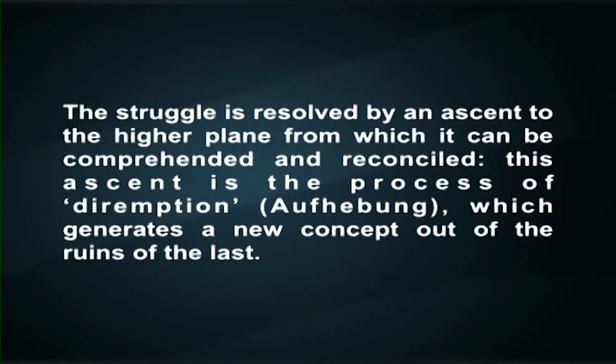The struggle is resolved by an ascent to a higher plane from which it can be comprehended and reconciled. This ascent is the process of diremption, which generates a new concept out of the ruins of the last. This new concept generates its own negation, and so the process continues until, by successive application of the dialectic, the whole of reality has been laid bare.